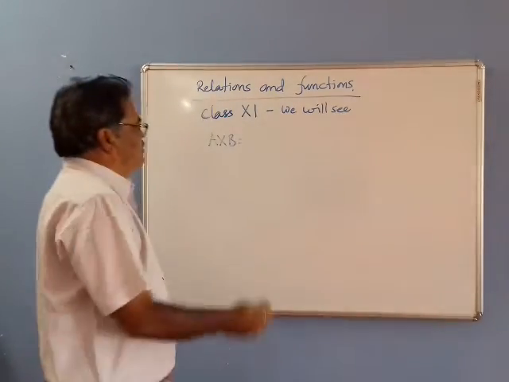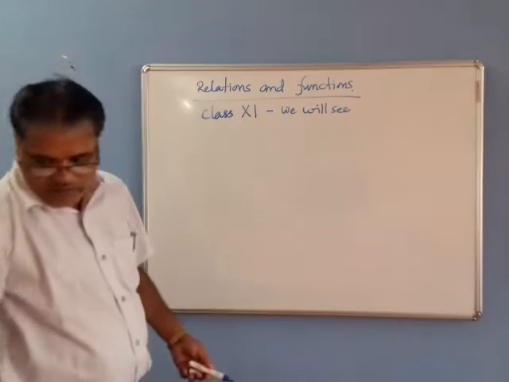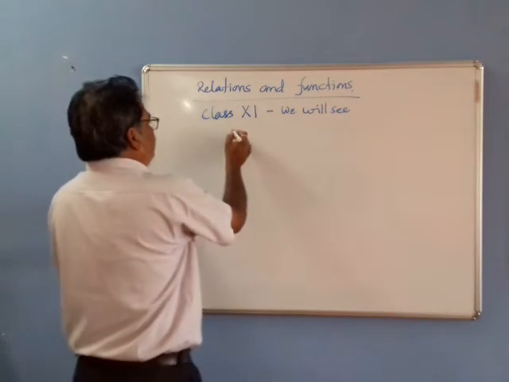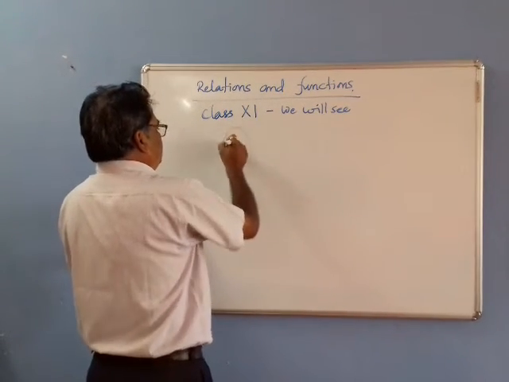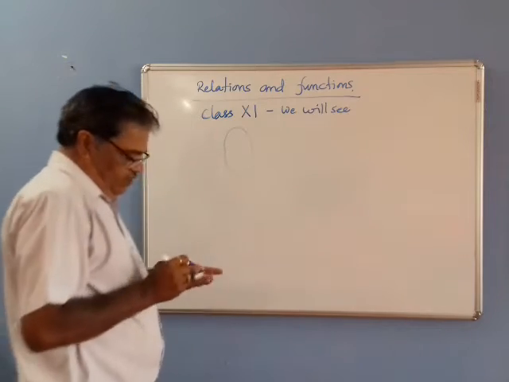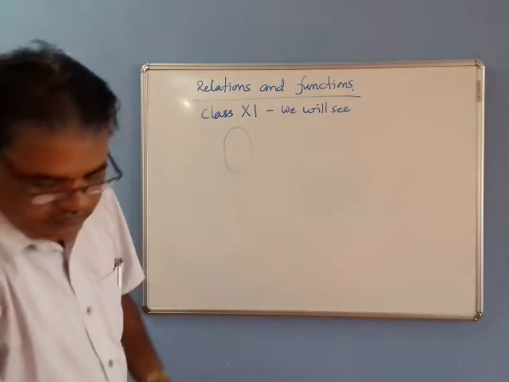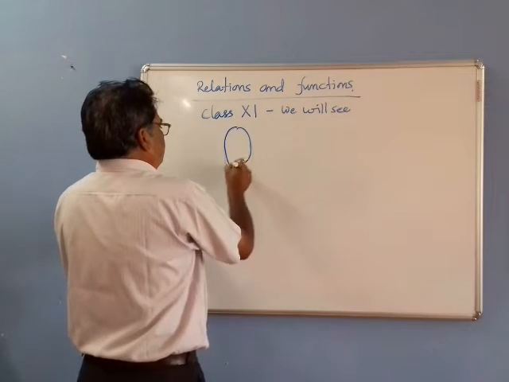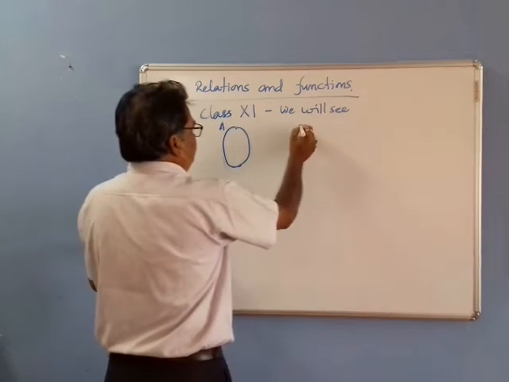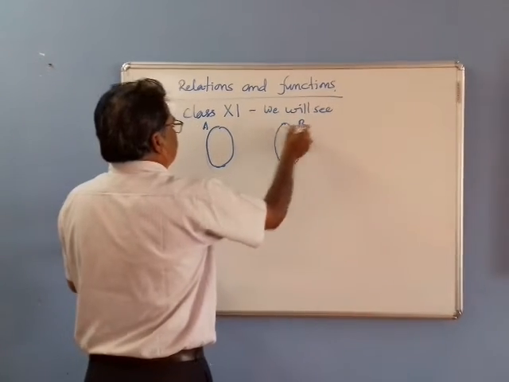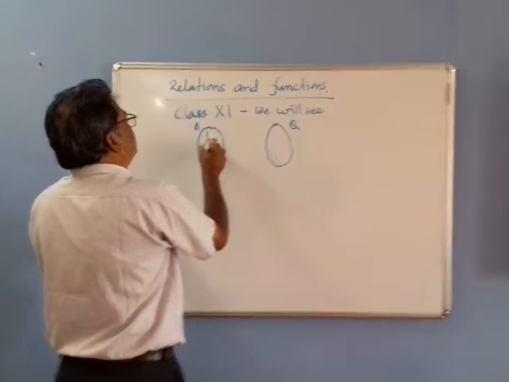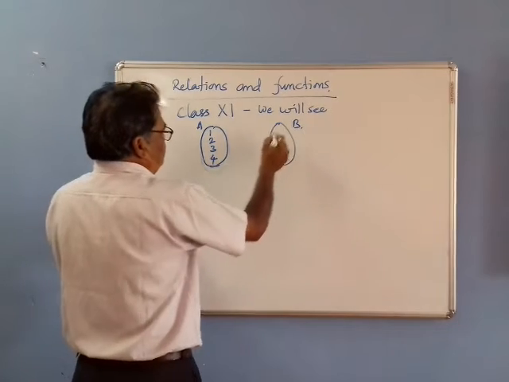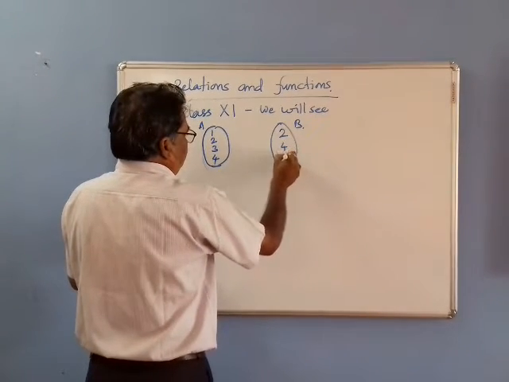After that, we will see the Venn diagram of this. What is a Venn diagram? This is set A and another set is B. In set A there are elements 1, 2, 3, 4, and here 2, 4, 6.